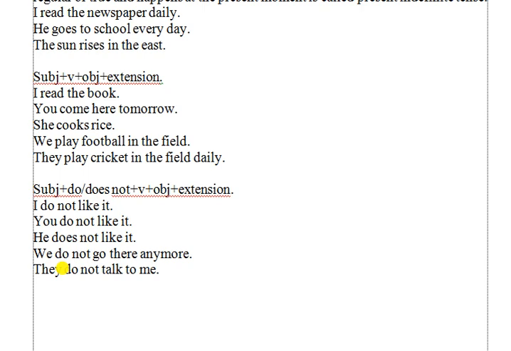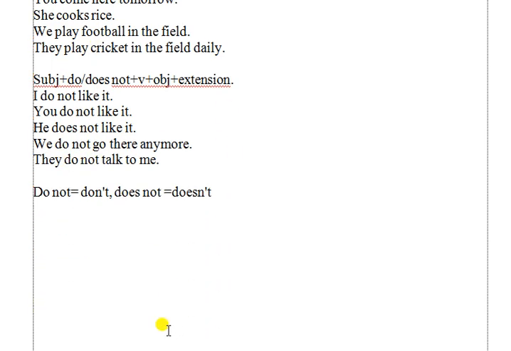We can use our short form: do not equals don't, does not equals doesn't. For example, you can say, we don't know that.